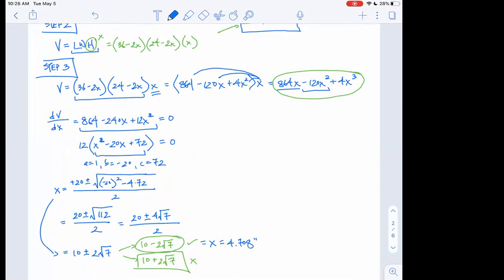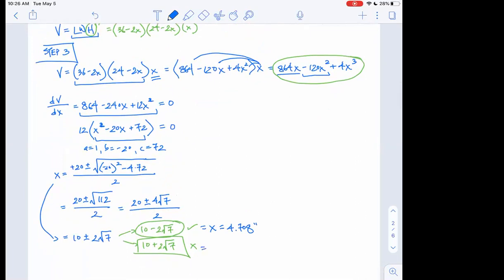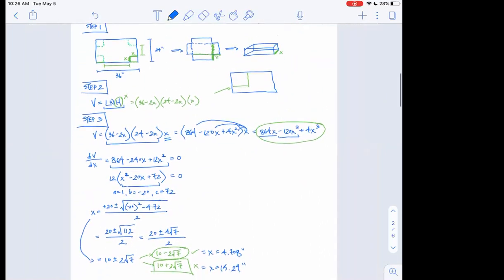That seems reasonable. But if I turn the other one into a decimal, it is 15.29 inches. And if I look back at my diagram, one of the sides is only 24. There's no way I can cut 15 inches out of both sides and still have it work. So that's another way you can tell that this one is too big, but this one is just right.